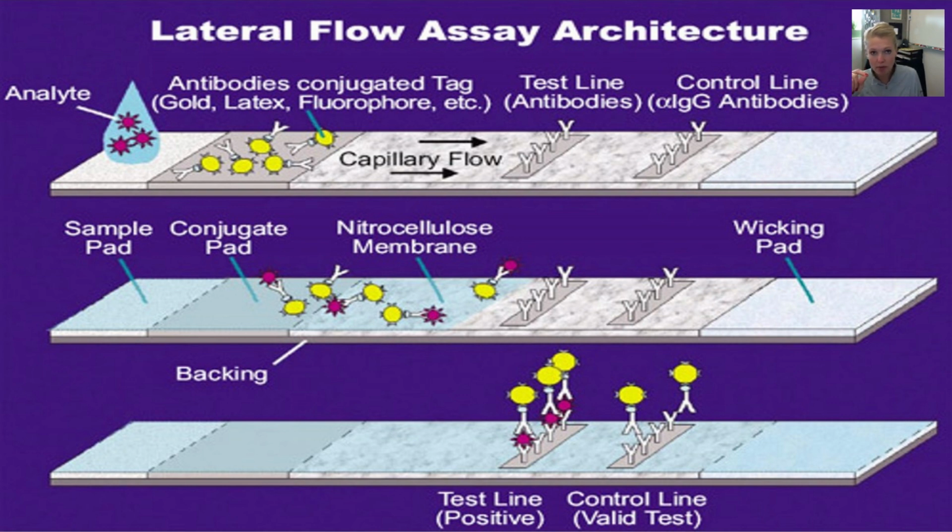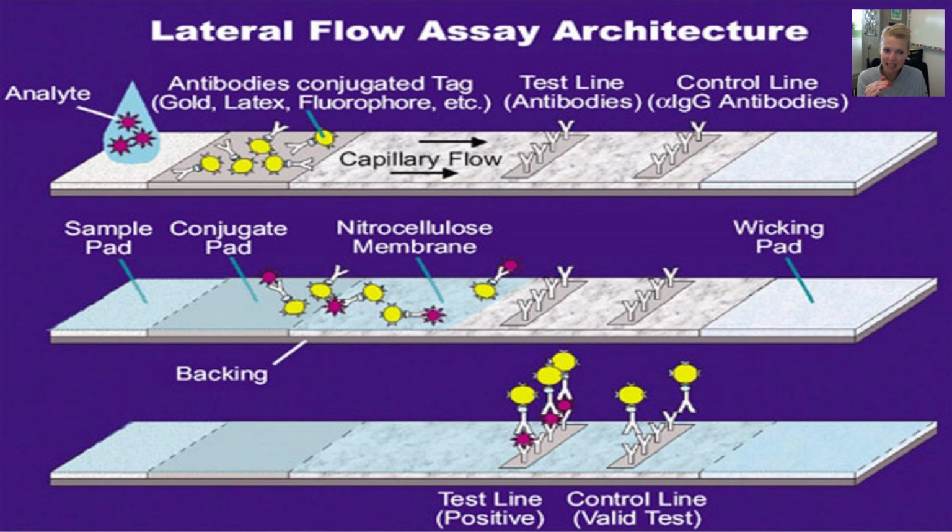Now that drop is placed on one end of the paper, and it's going to move through by capillary action. The first thing it's going to come across is a strip that has antibody that recognizes the antigen, or antibody that recognizes COVID, the SARS-CoV-2 piece of the virus, and it's going to pick up those antibodies and drag them along with the fluid as it moves through.